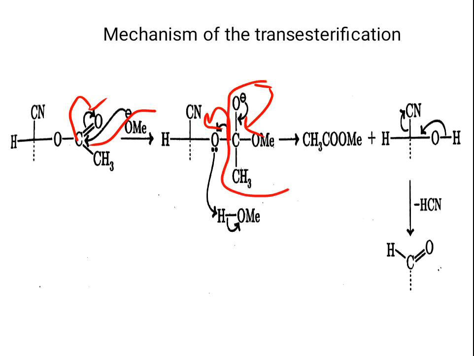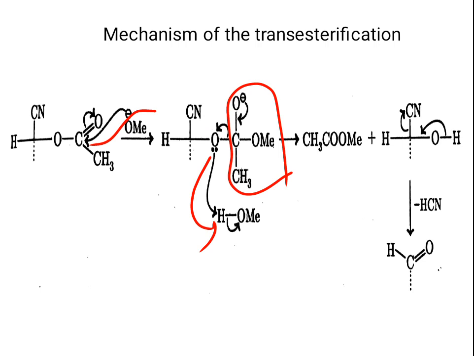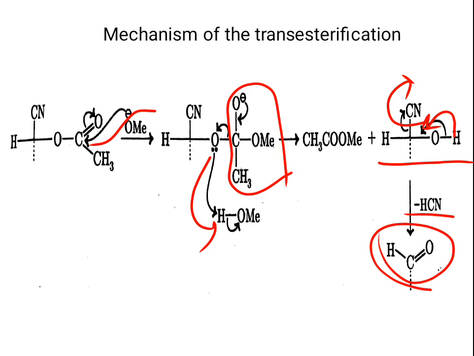Ultimately this group is being removed, and this O minus is taking a proton here. So you are getting CHOH-CN. And after that this hydrogen also leaves by taking this cyanide as HCN, and you will get a lower aldehyde. If it has n carbon atoms, this will have n-1 carbon atoms.